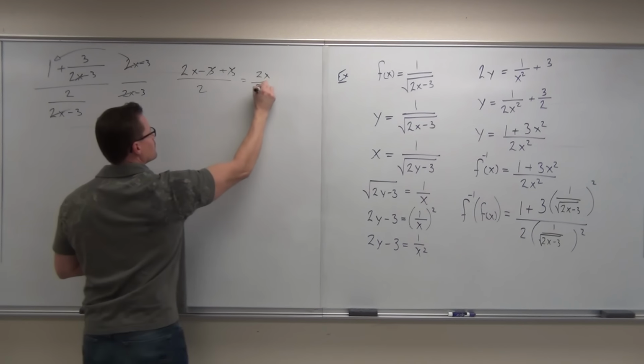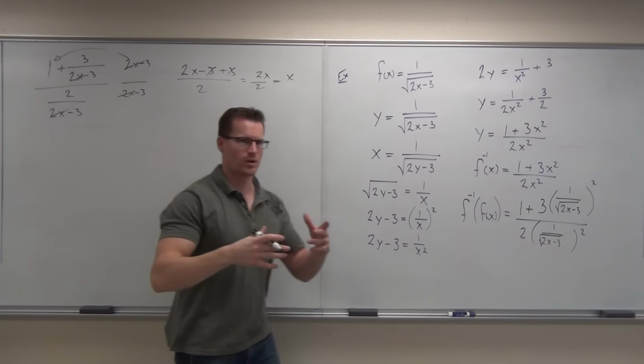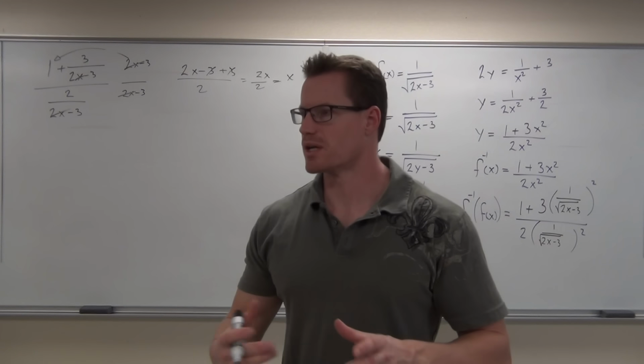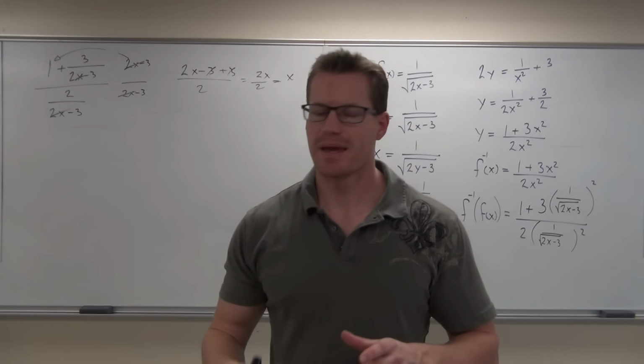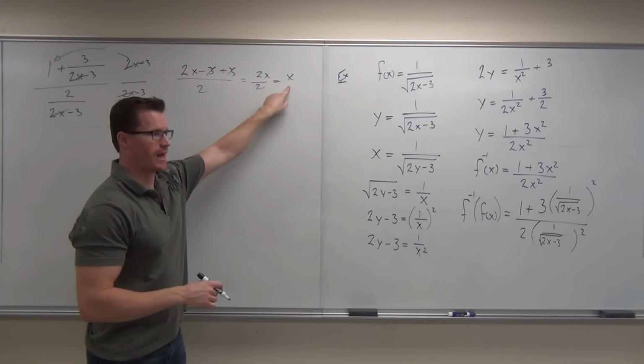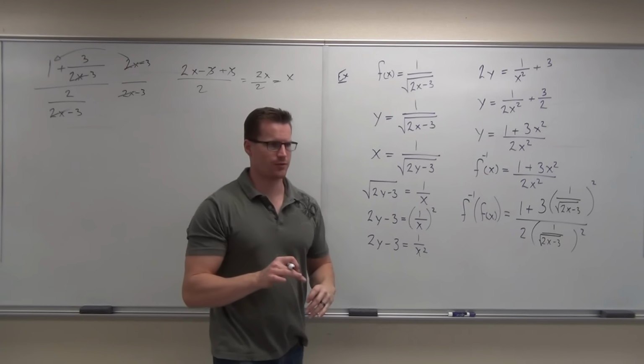I know it's fast, but I wanted to prove it really quick because we're out of time. We just proved that those things are actually inverses. Just do a little bit of algebra. It says anytime you compose two functions and you actually get x out of it, then you know they're inverses.